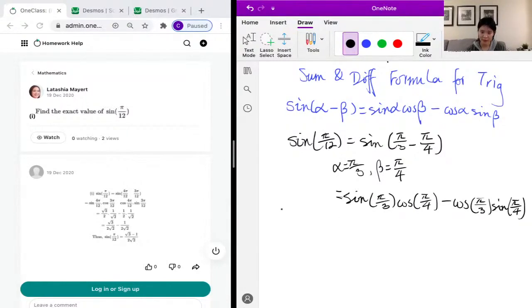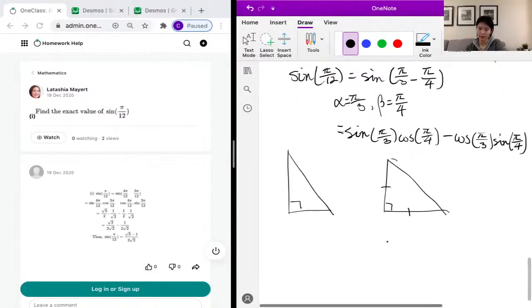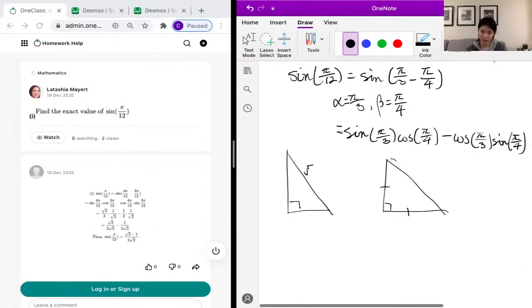Next, let's use our special triangles to figure out the values of sine of pi over 3, cos of pi over 4, cos of pi over 3, and sine of pi over 4. So let me draw these two special triangles here. Here we have our first special triangle, where the hypotenuse is 2, it's not root 2.